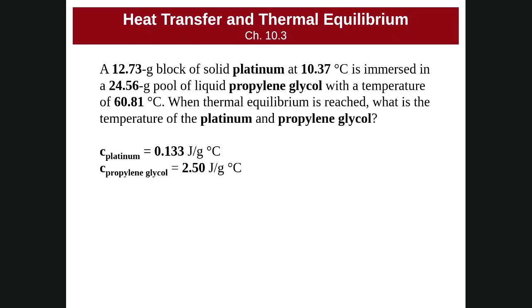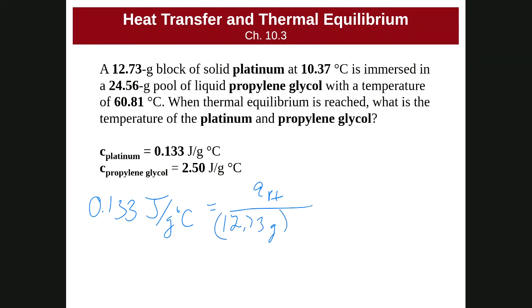So we have our C platinum is 0.133 joules per gram degrees Celsius, and it's going to be equal to Q platinum over 12.73 grams times X minus 10.37 degrees Celsius. So I'm going to solve that for Q. I'm going to multiply both sides by the stuff on the bottom.